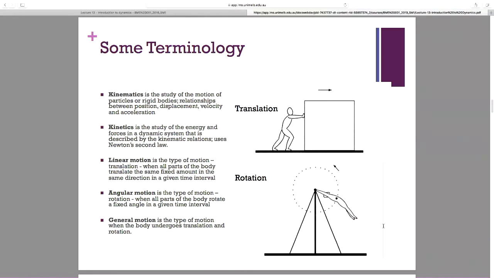Kinetics is the study of the energy and the forces required to generate these kinematics, as simple as that. Linear motion is when something is going in a straight line.